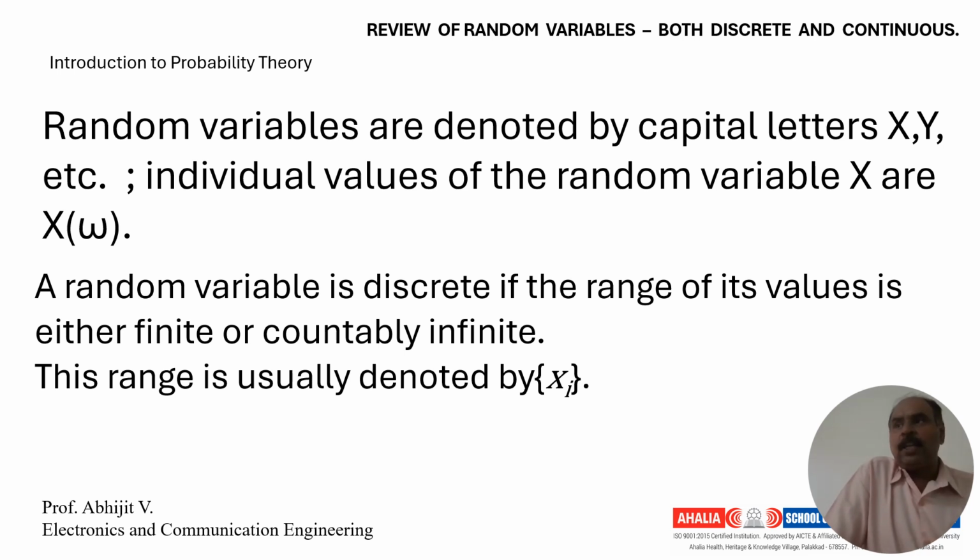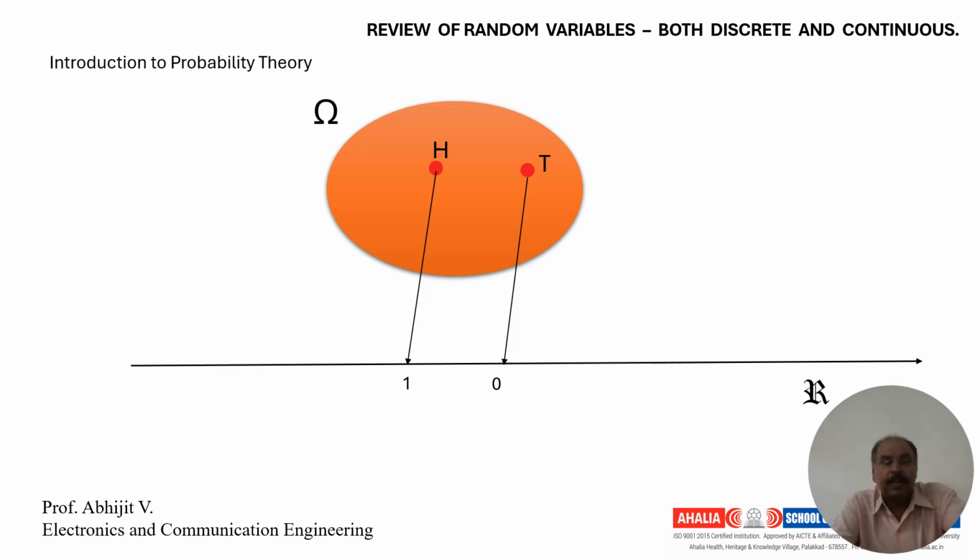We usually use capital letters to denote random variables, and a discrete random variable is something where you have the range of its values to be finite or countably infinite. As we go on in this lecture, I will tell you what is meant by countably infinite. So let us see what is meant by discrete random variable.